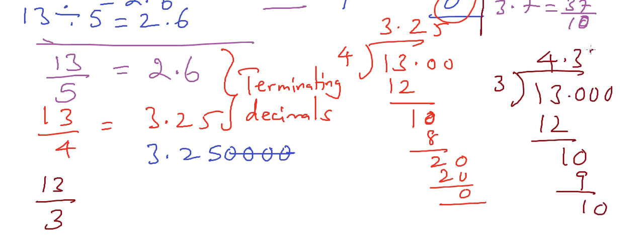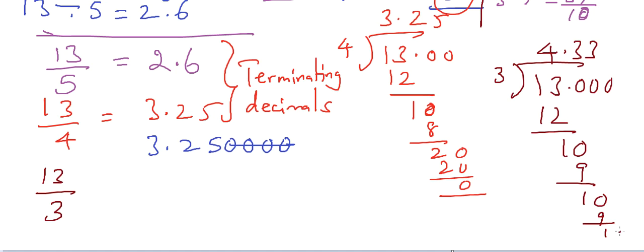So again 3 times 3 is 9, again 1, 0 again. See, it goes on like this. The remainder never becomes 0. So when you divide 13 by 3, we get 4.3333, and it goes on like 3333. So it doesn't end. We will never get remainder 0. That means it is a non-terminating decimal.